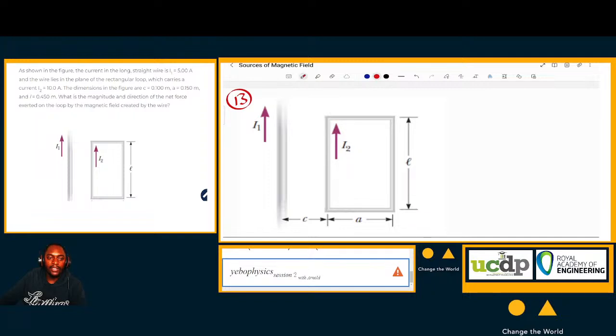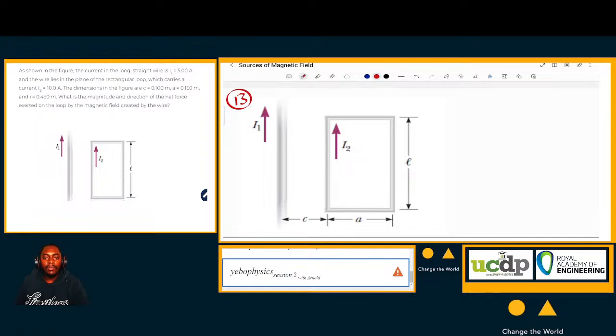The wire lies in the plane of the rectangular loop, which carries a current of 10.0 amps. Is it 10.0 or 1.0? Okay, it's 10.0, yes, 10.0.